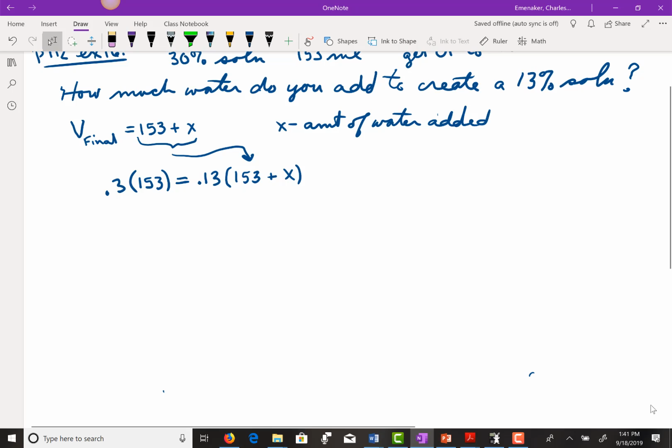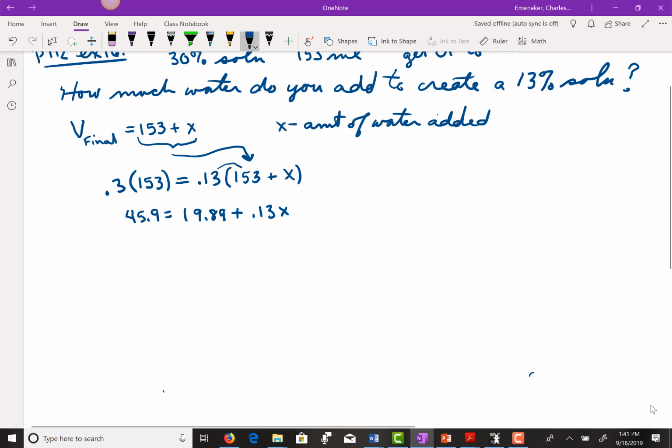We can take the 0.3. So we can do the 0.3 times the 153, and that gives us 45.9 equals, we got the 0.13 times the 153. I'm on the right-hand side now. So the 0.13 times that gives us 19.89 plus 0.13x.